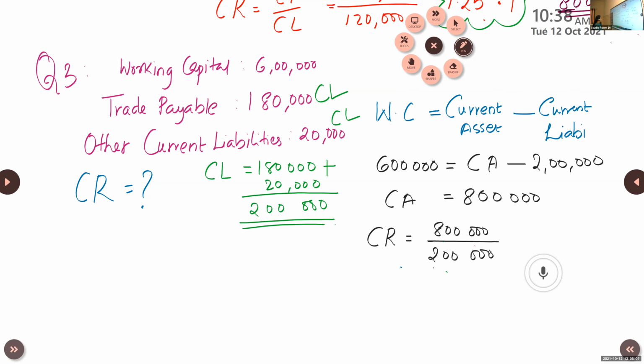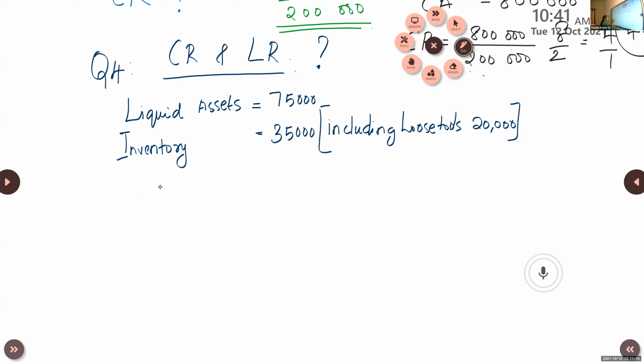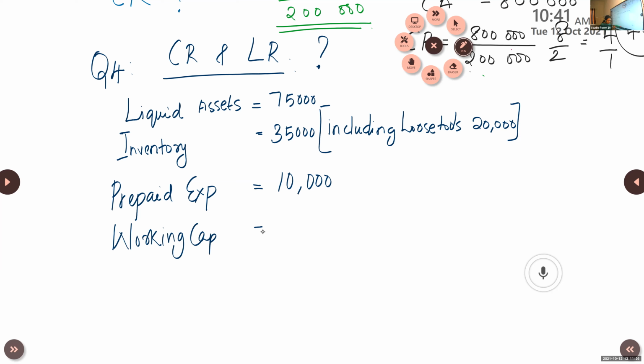Keep the video on. Okay. Prepaid expenses, that is 10,000. Working capital 60,000.